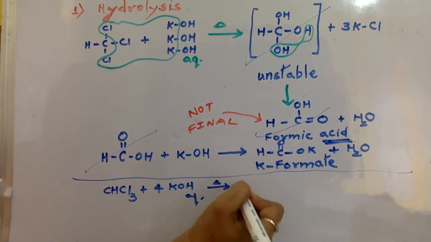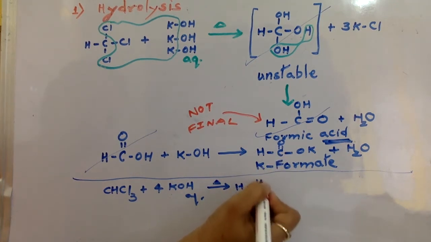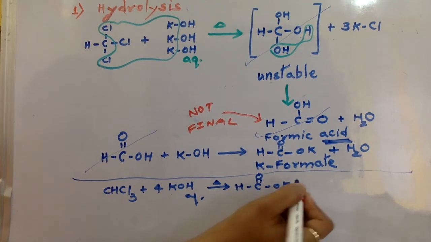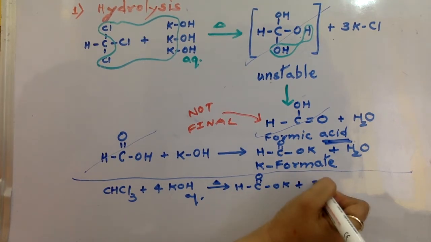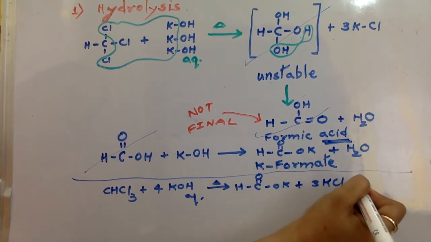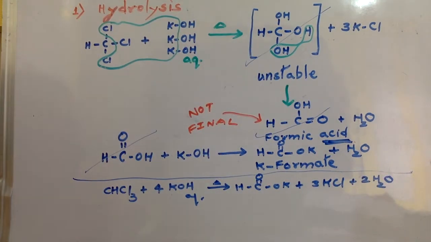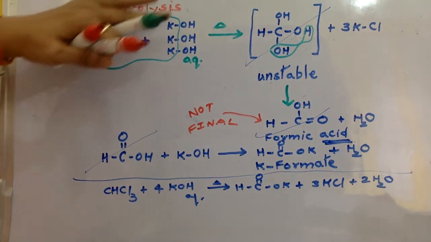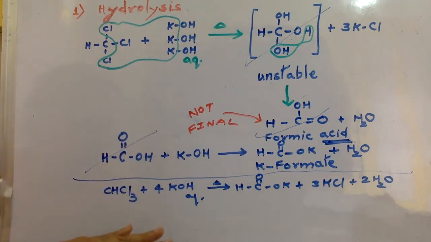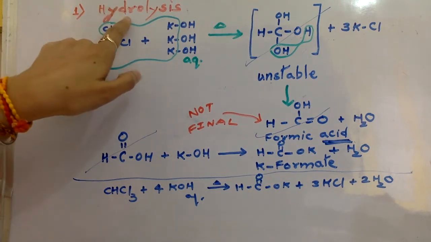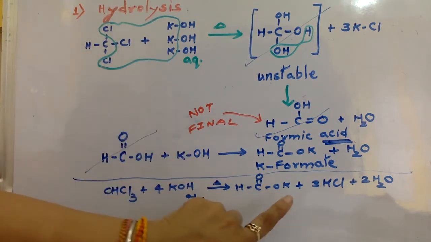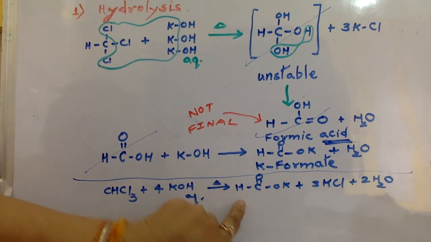So we get HCOOK plus 3 KCl plus 2 H2O. So this is the reaction for complete hydrolysis, one step. The entire equation, the 2 steps, I have given in the form of one step here. So students, chloroform on hydrolysis with aqueous alkali gives the alkali formates.